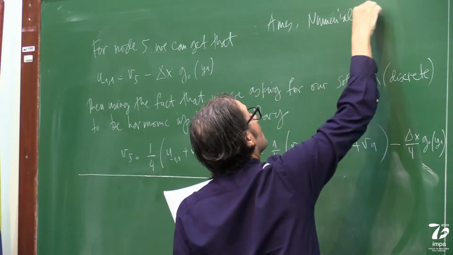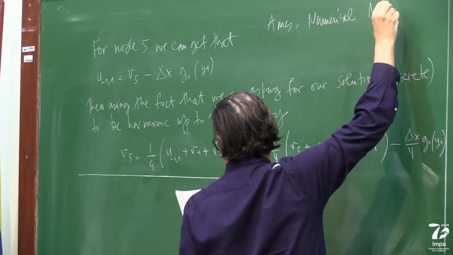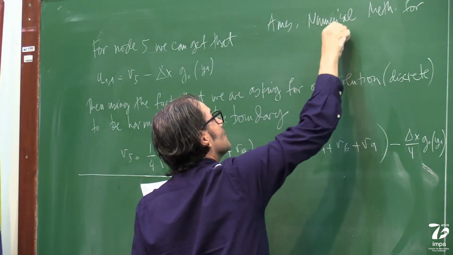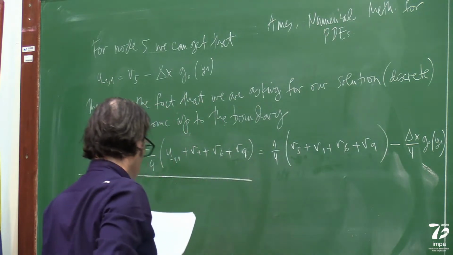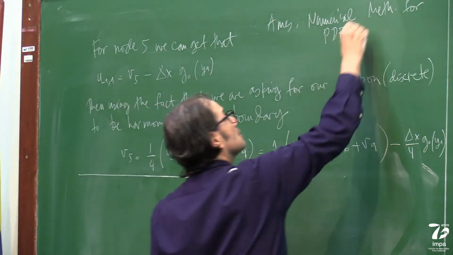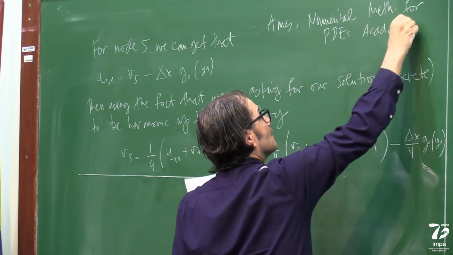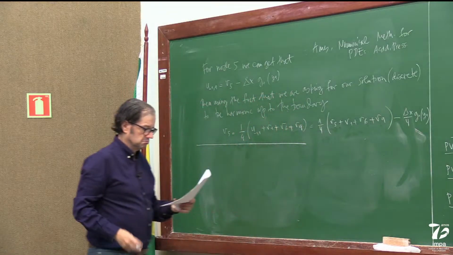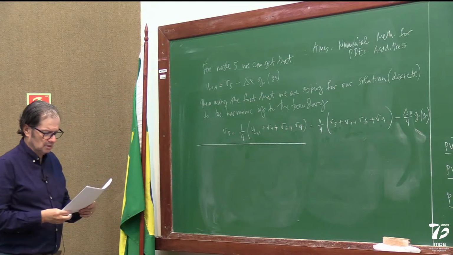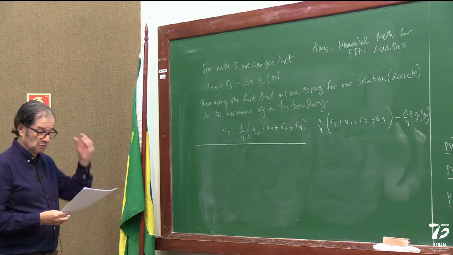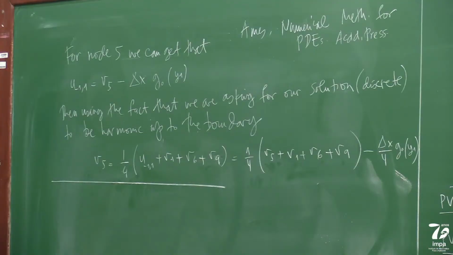It's called Numerical Methods for Partial Differential Equations, Academic Press. It's from the 70s, maybe. Where did I put the date here? No, 92. No, it's not that. So it's a good book.